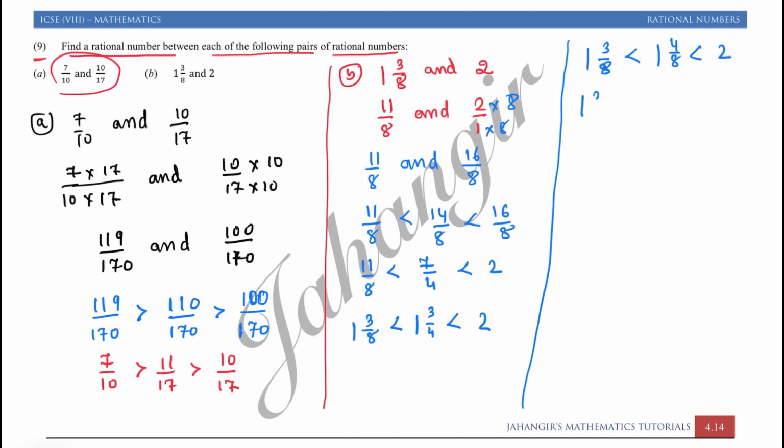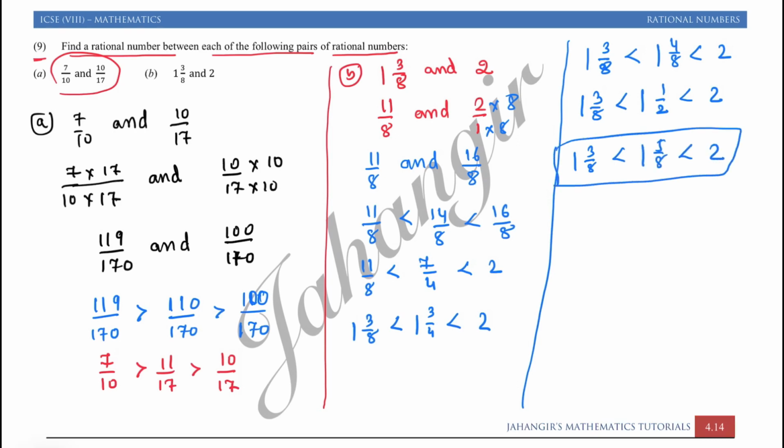So this can be written in the simplest form as 1 by 2, because 4 by 8 is 1 by 2, less than 2, or you can even write 1 3 by 8 less than 1 5 by 8 less than 2. There are many numbers which you can insert over here. ठीक है? Answer may differ from student to student. So you can do as per your own convenience.